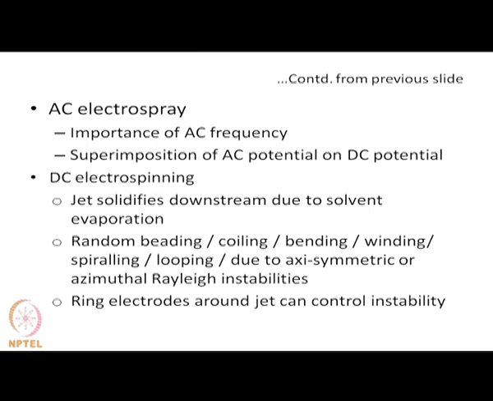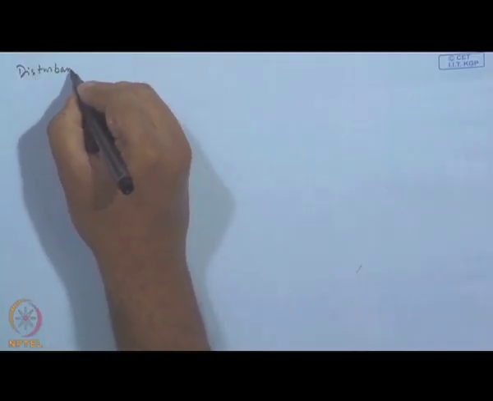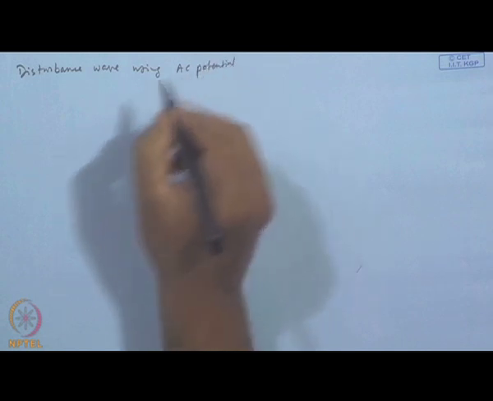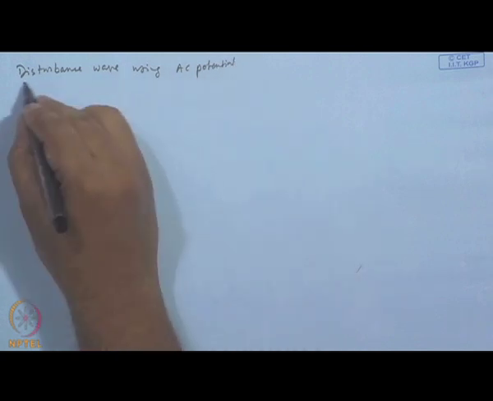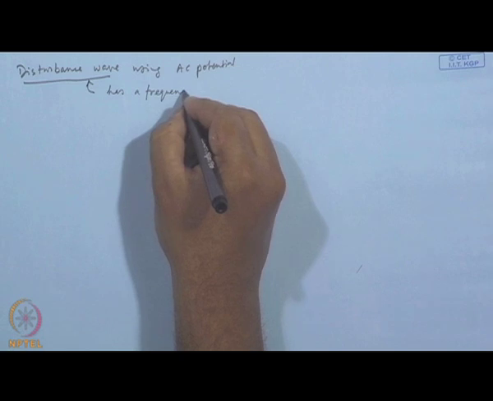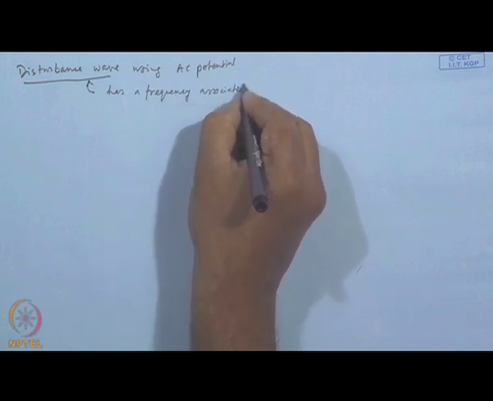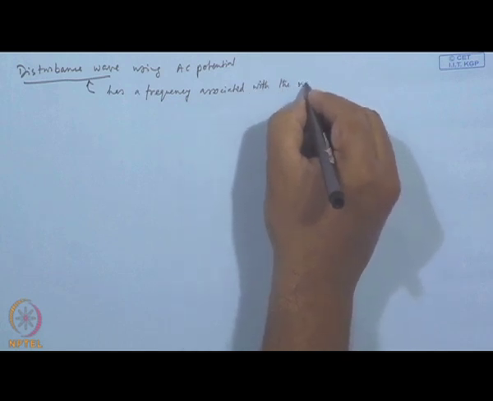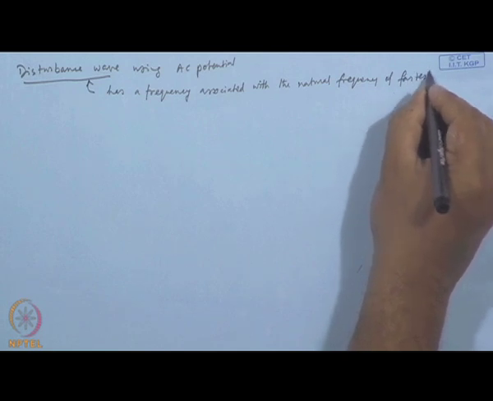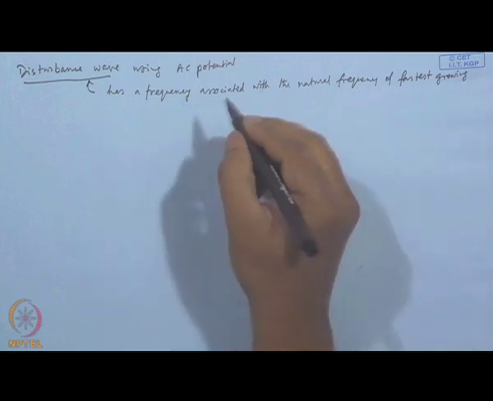One can have a so-called disturbance wave using AC potential, where this disturbance wave has a frequency associated with the natural frequency of the fastest growing instability.